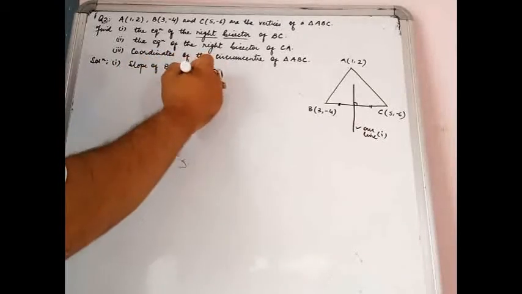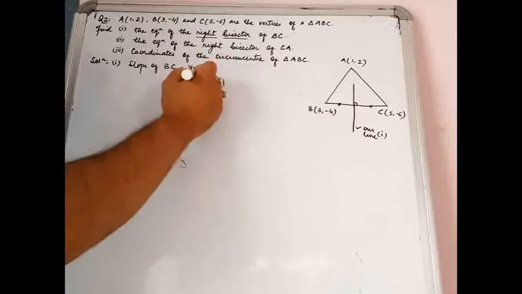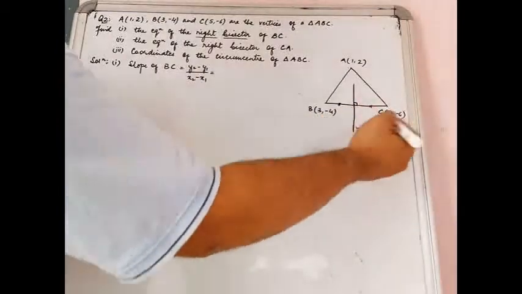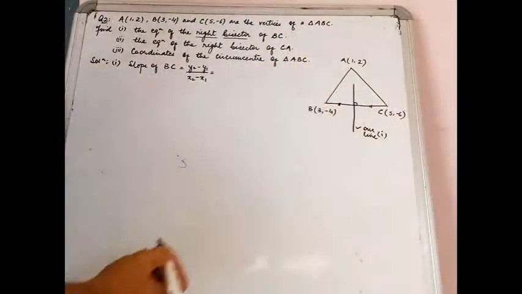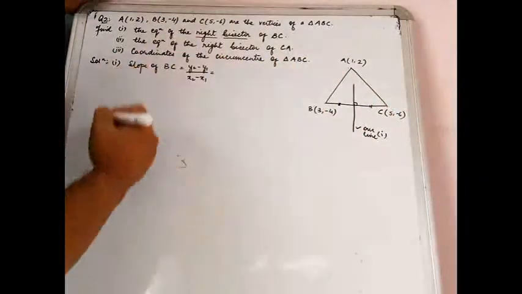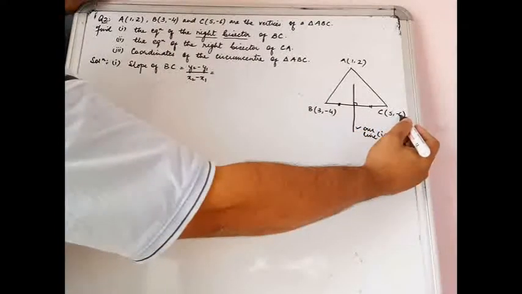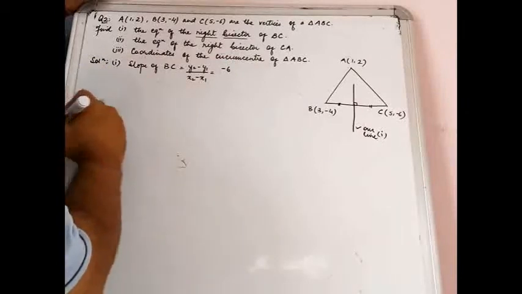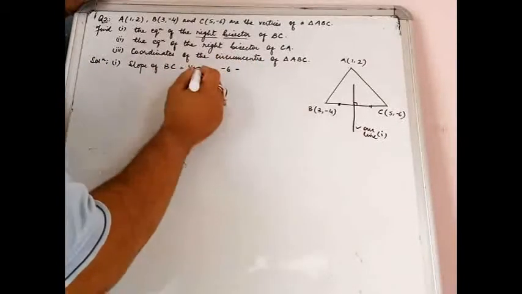Again, use the formula y2 minus y1 upon x2 minus x1. Now I am not going to write down x1, y1, x2, y2. You can choose whichever points you want. So y2 minus y1. Now this time I am going to take this as y2, minus 6 minus of y1.